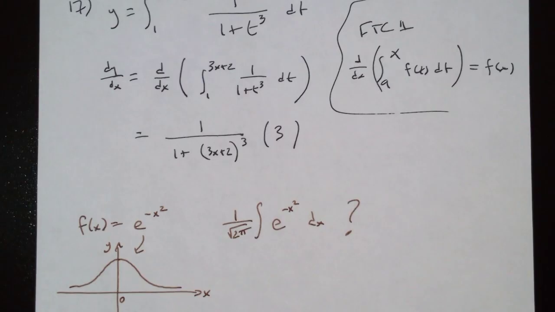That's the curve most people call a bell curve. And when I put that 1 over square root of 2 pi out in front of it, that's the standard normal distribution in probability.